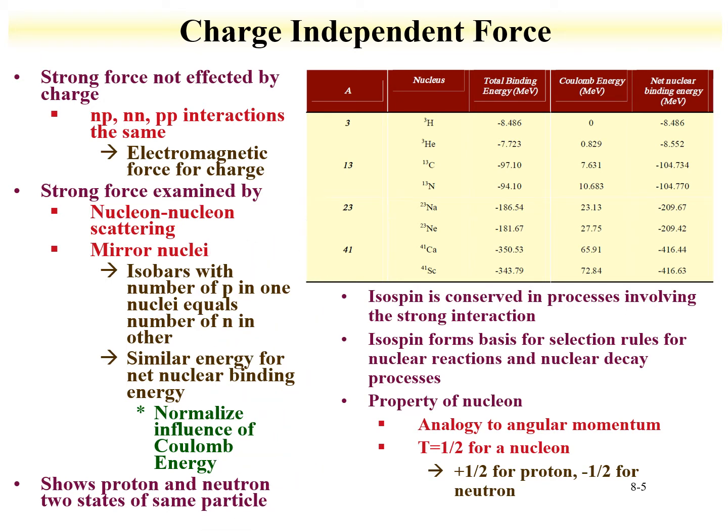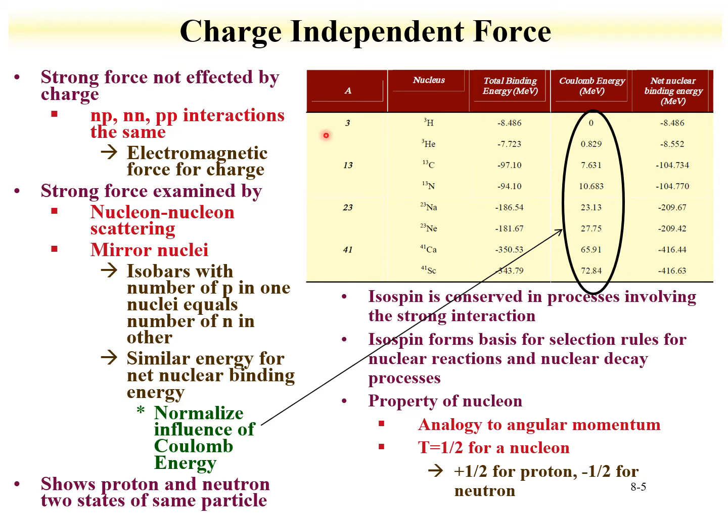So what one could do with this is evaluate energetics, particularly looking at binding energy, and then compensate for the Coulomb energy to try to evaluate a net nuclear binding energy for different nuclei with the same number of total nucleons. And this is shown here. We have total binding energy, and here's the net Coulomb energy.